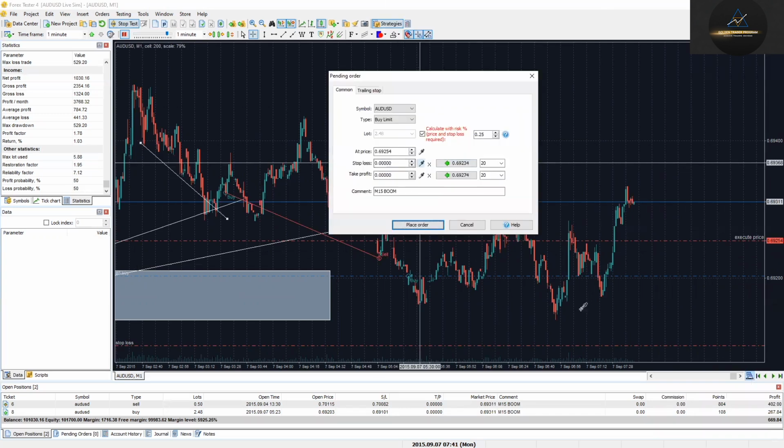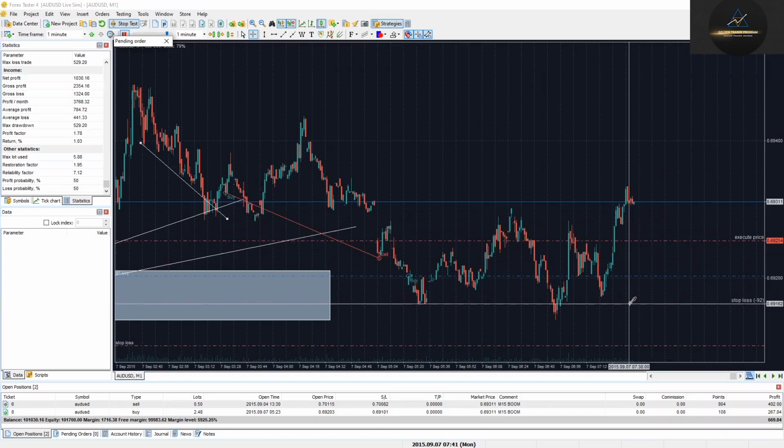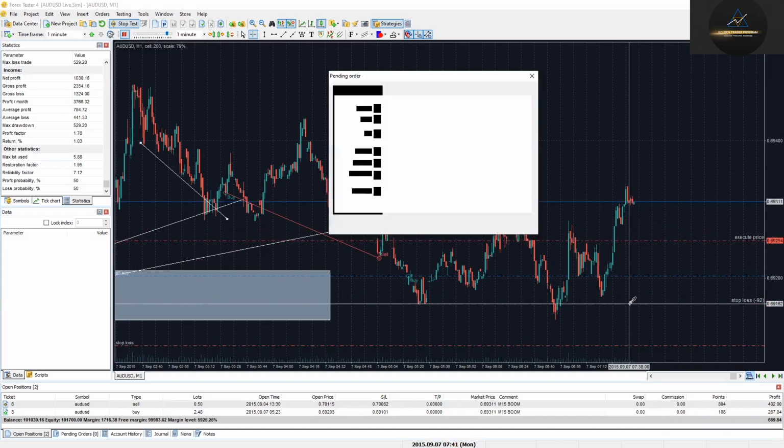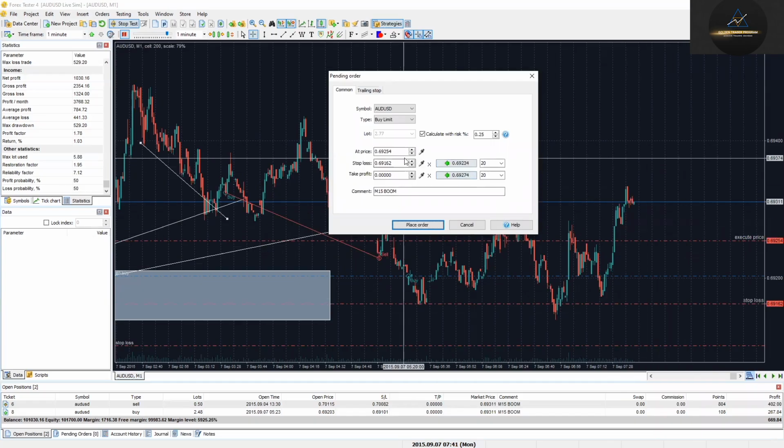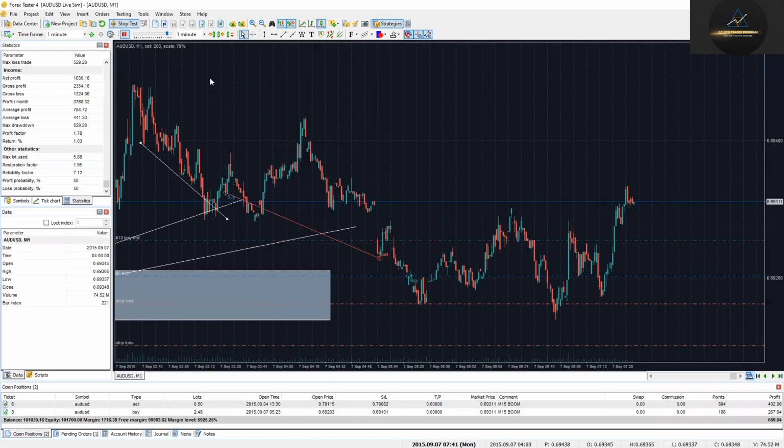0.25% stop loss, banker block right here. It's another 10 pips. Yeah, bam, bam, bam. M1 retest. M1 boss retest. Let's go.